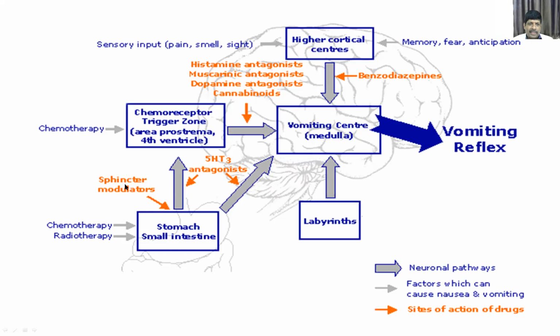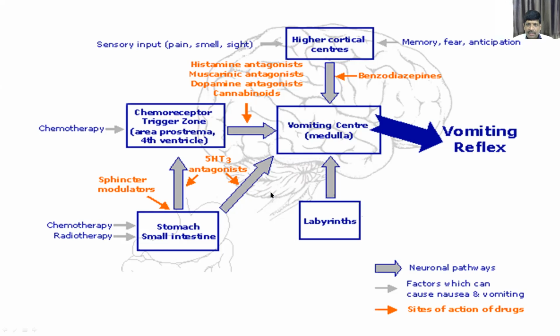And these steps are inhibited by groups of drugs. Benzodiazepines inhibit this. Histamine antagonists, muscarinic antagonists, dopamine antagonists, and cannabinoids inhibit the stimulation of the vomiting center by the chemoreceptor trigger zone. 5-HT3 antagonists inhibit the stimulation of the vomiting center through the stomach or small intestine, or the chemoreceptor trigger zone.